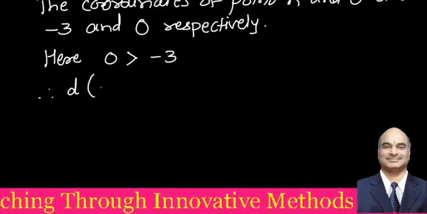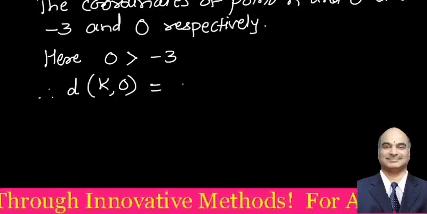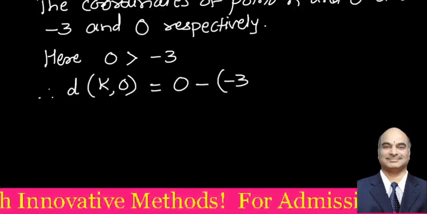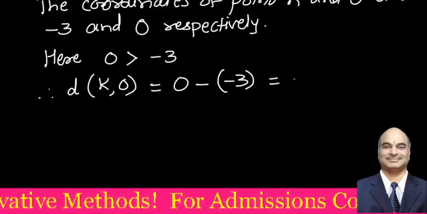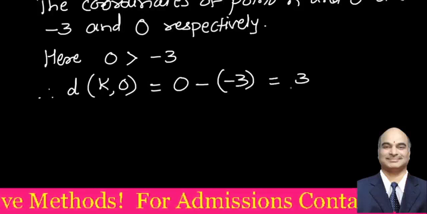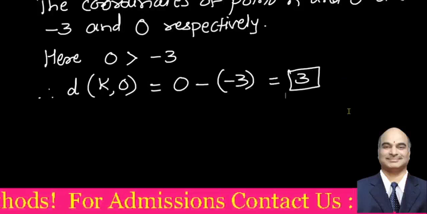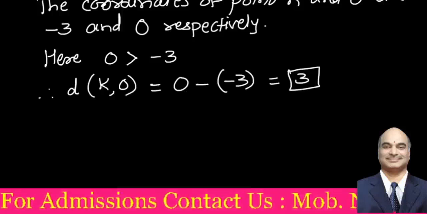So now we can find the distance between K and O. Greater number 0 minus smaller number, which is negative, so we take brackets, minus into minus is plus, plus 3. So in such steps we have to proceed to get the answers.